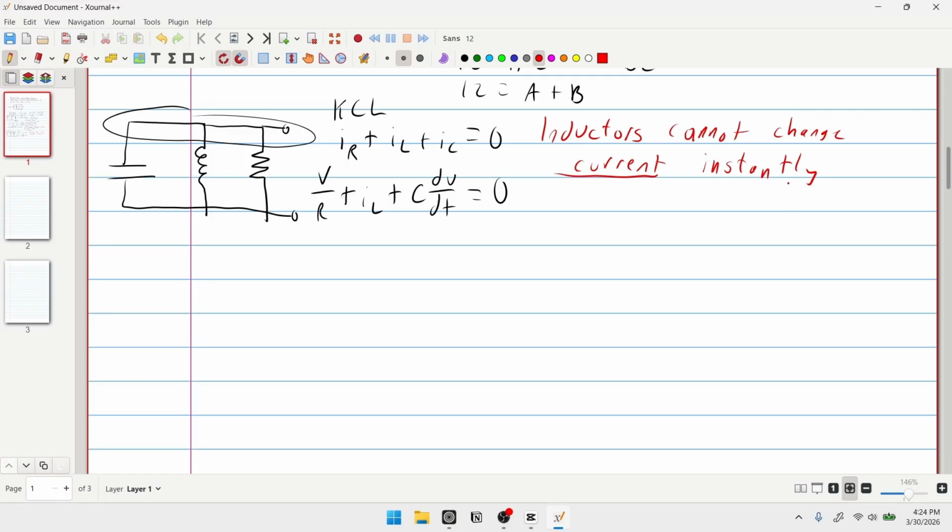So let me just write this down. We know that IL of 0 equals IL of 0 plus, which we know is 30 milliamps. So we know our V of 0, and then our IL of 0 plus C dV(0)/dt equals 0. So let's just move everything to the other side and isolate this dV(0)/dt.